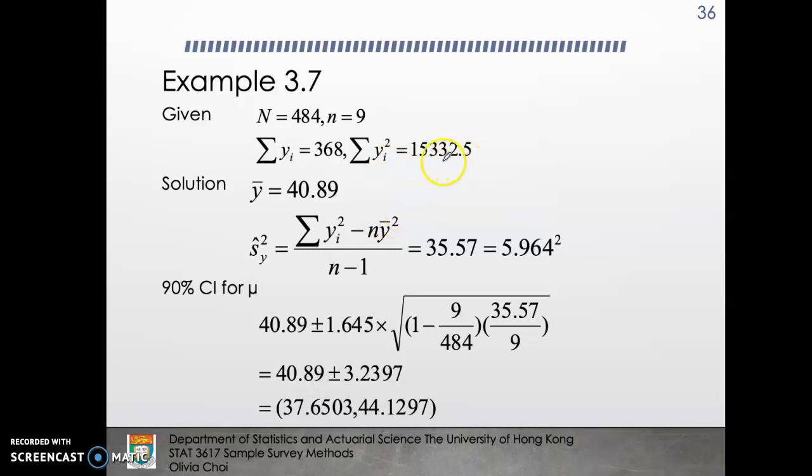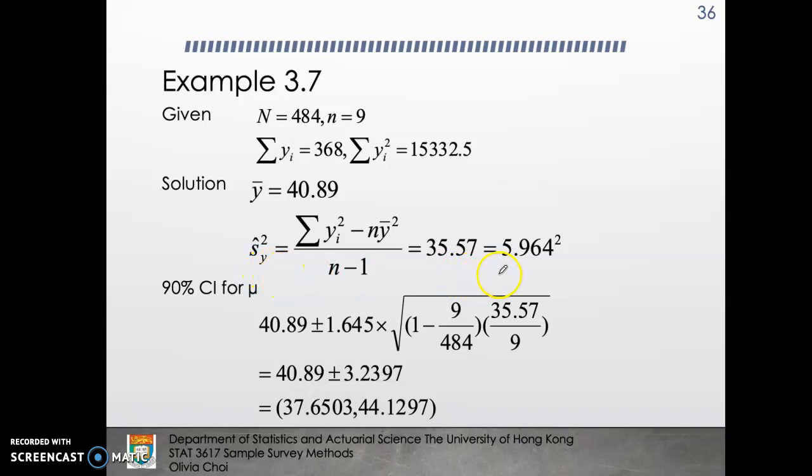This is given, so we can plug it in here. Just to mention, previously lots of students forgot to square y bar here, so they ended up with a very large sample variance.